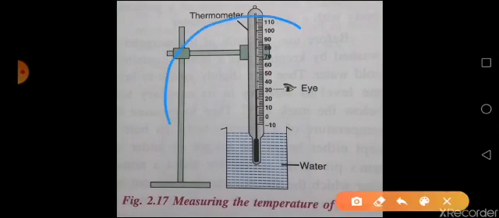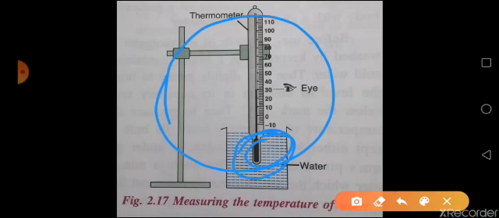Now let us see how we are going to measure the temperature using a laboratory thermometer. As you can see in the figure, the arrangement will be done like this. Always the mercury end will be in such a way that it is inside the liquid. Say for example, if you are going to measure the temperature of water, the mercury bulb should be placed in such a way that it is inside the water. Now you can see the mercury reading is rising up. You can see the black mark here, right?